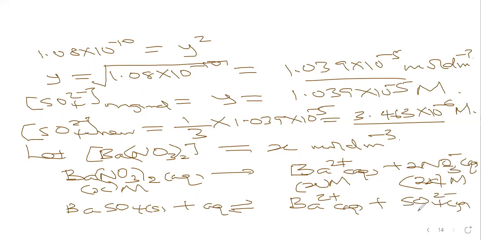We have already got this new here, which is 3.463 exponent negative 6, isn't it? Yes, teacher. If it is that, we also have that of the barium ions according to molar ratio. That of the barium ions will be the same.